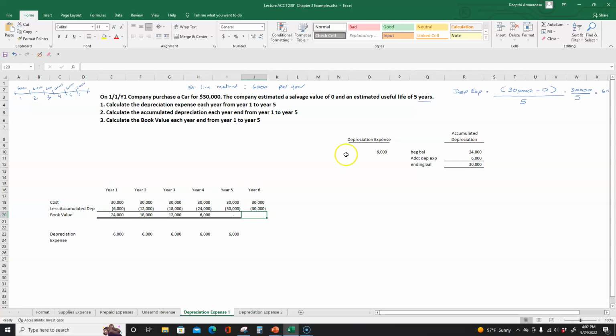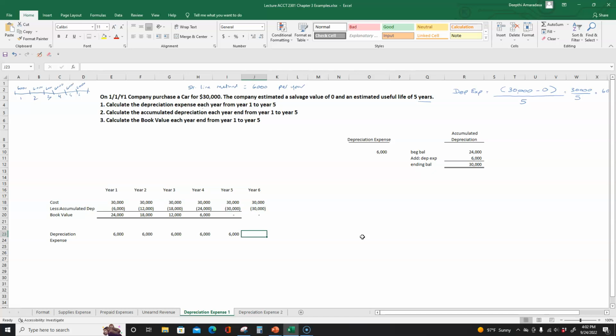Therefore, there is no book value. The book value is 0. There will be no additional depreciation expenses because the asset has been fully depreciated. Until the asset is sold, it will remain in the books with a book value of 0.